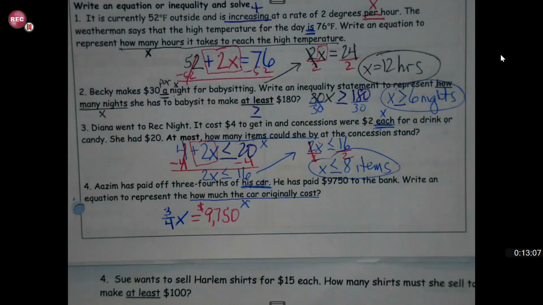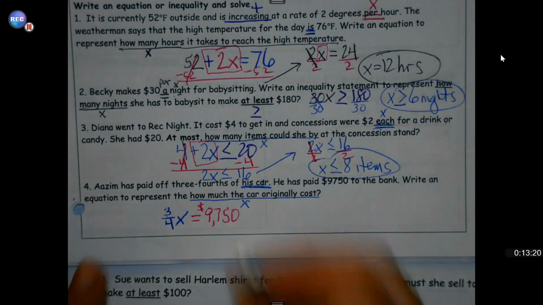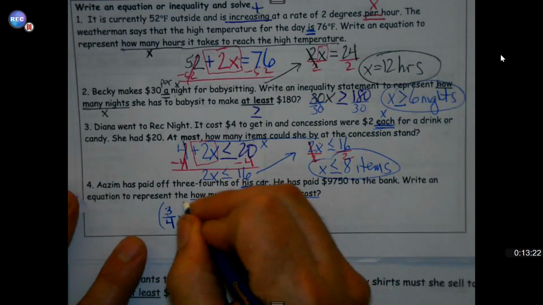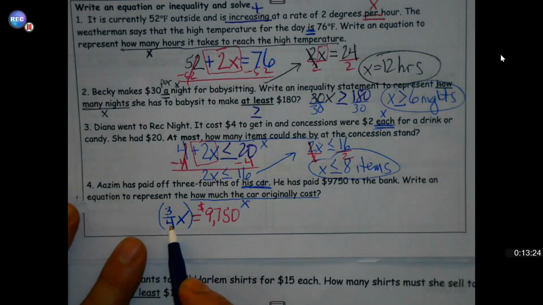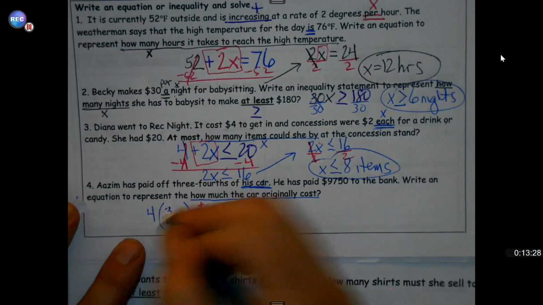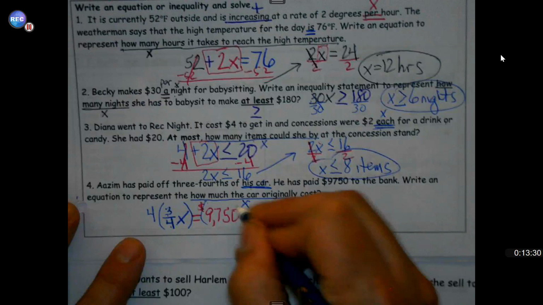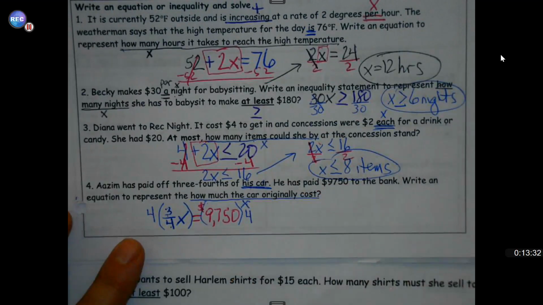Now I've got this equation, which goes along with what we were talking about yesterday. Probably a two-stepper. That's probably the route we're going to go. Fraction is division, so we undo divide by multiplying.